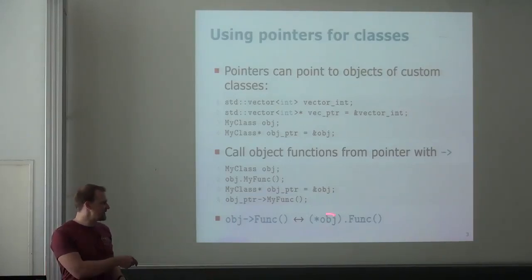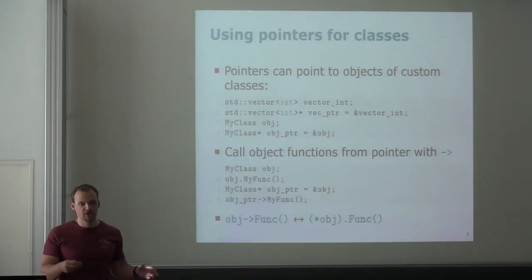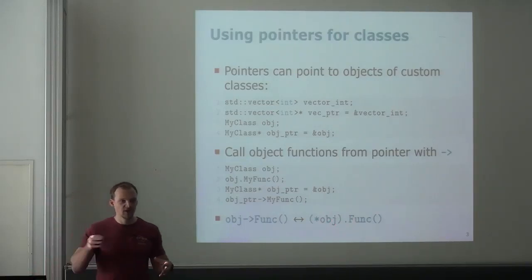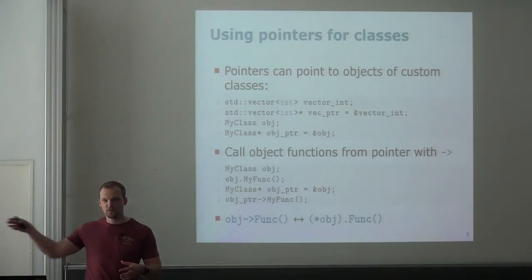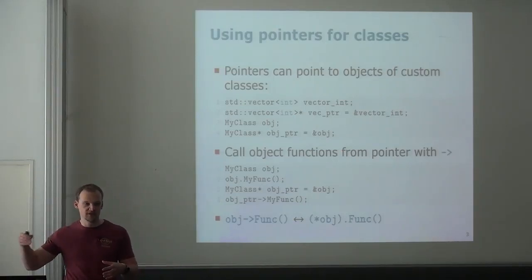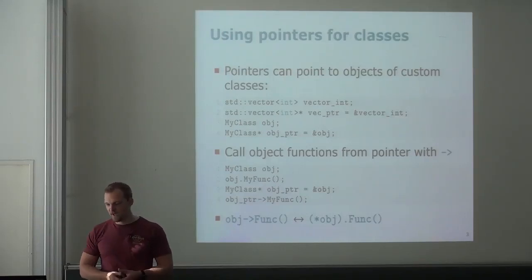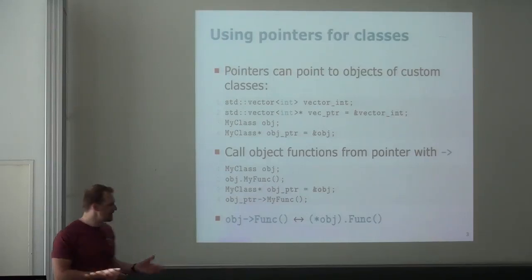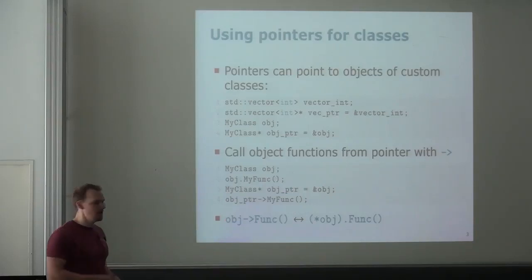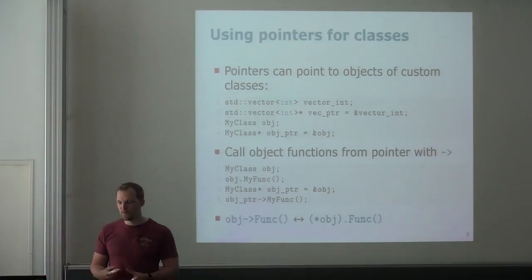It dereferences the object, and then it calls the function of the dereferenced object. If you remember, the pointer that points to something, you can dereference it. Dereferencing means taking the value under the pointer, and then it calls a method of it, right? I hope that makes sense. But generally, we use this syntax when we want to call a function from a pointer.